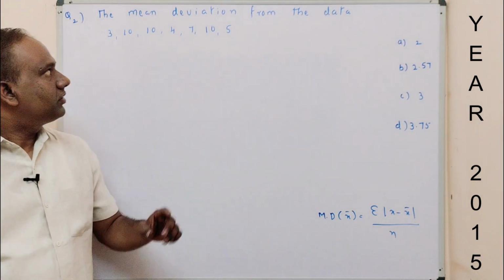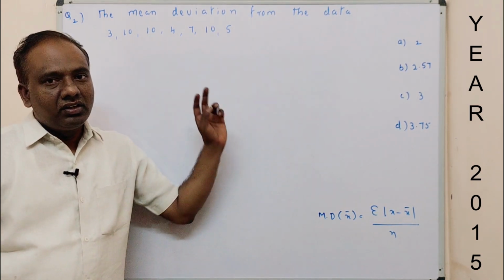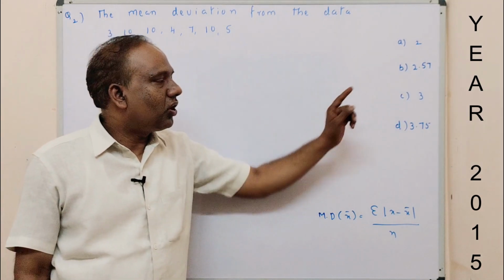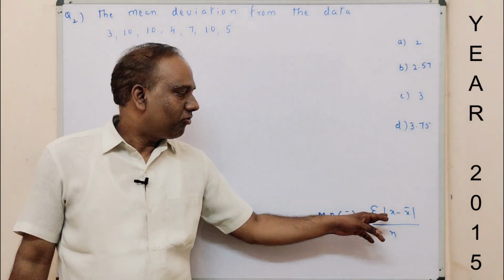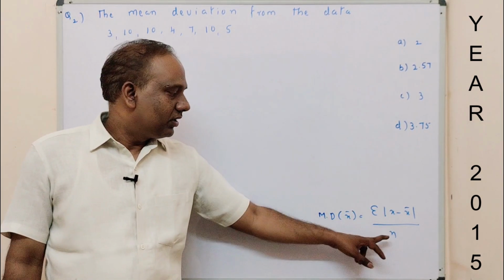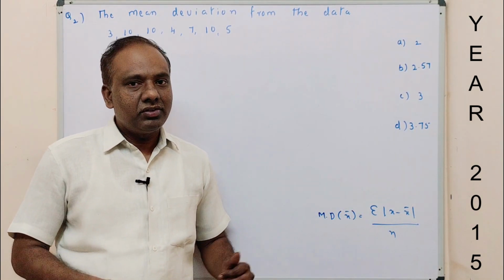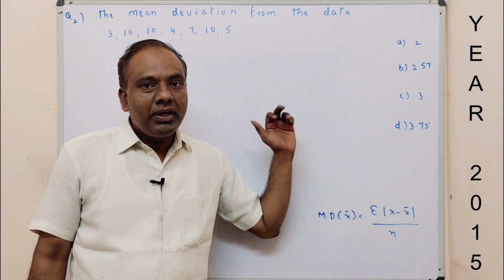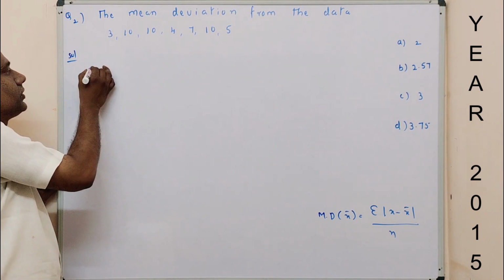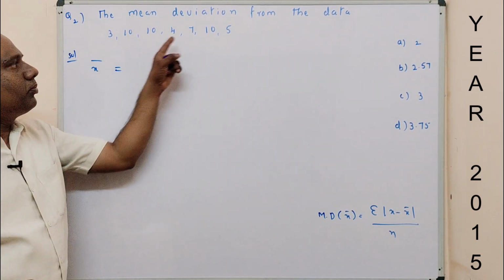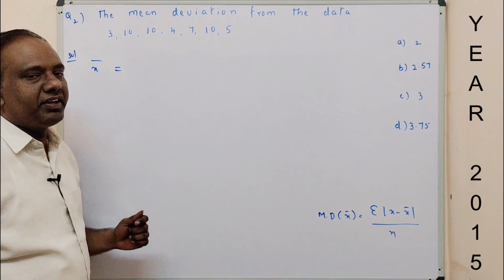So here the question is the mean deviation of the given observations. So these are the options. Actually mean deviation about mean, the formula is sum of modulus of x minus x bar divided by n. Here x bar is the mean and n is the number of observations. So first we calculate the mean of the given data. The mean is the sum of the observations divided by the total number of observations.